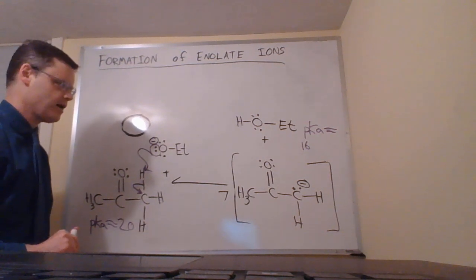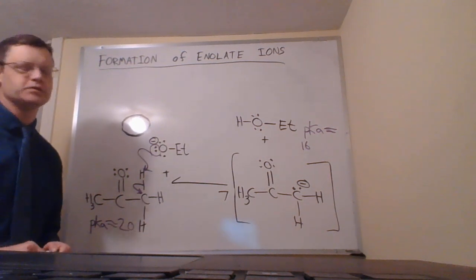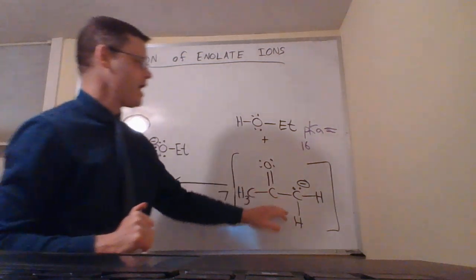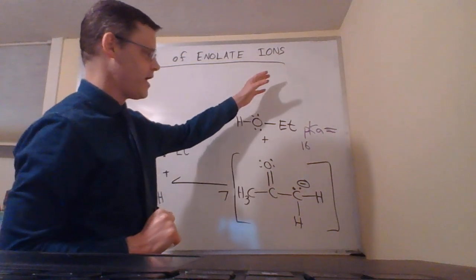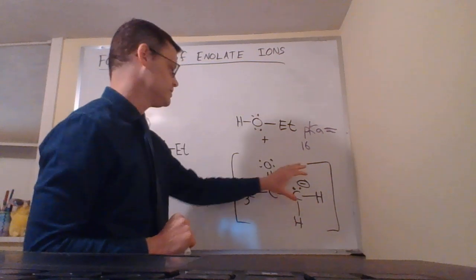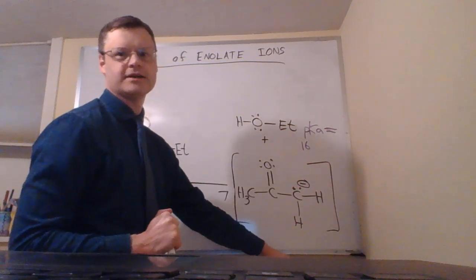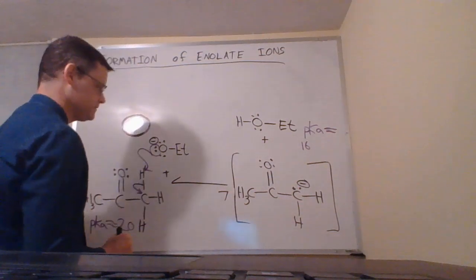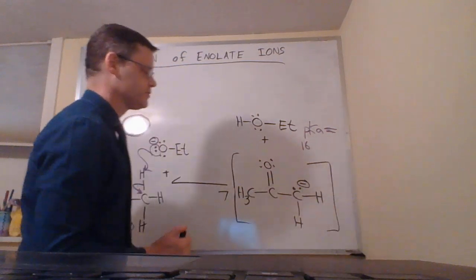However, we can apply Le Chatelier's principle here. If this goes on and reacts with an electrophile, it's going to pull that out of this equilibrium. So we're going to reduce the amount of this product in the equilibrium, and that shifts the equilibrium to the right.